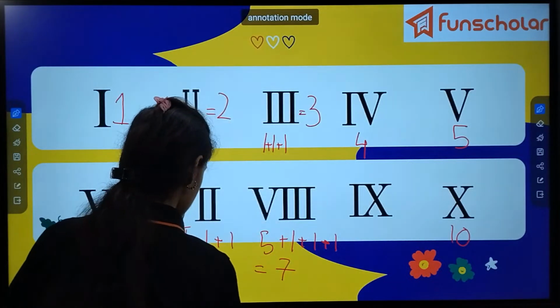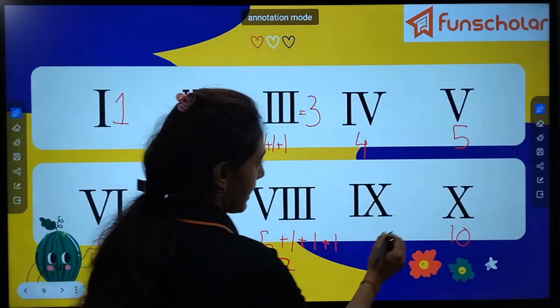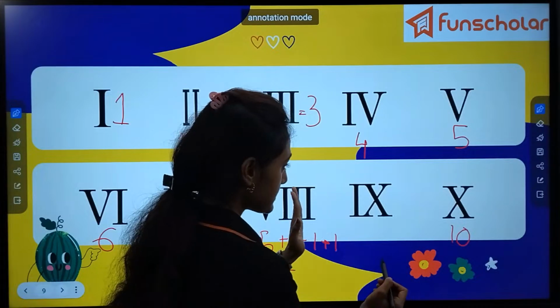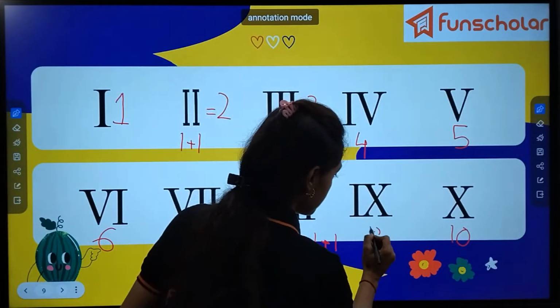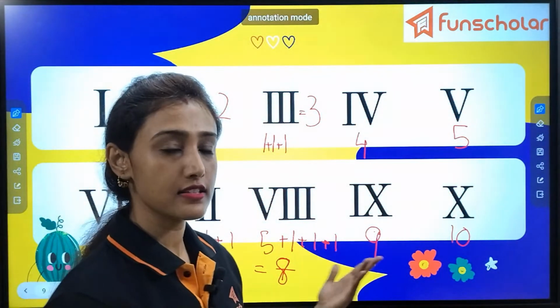This is 7. This is 8. And if you put 1 on the left side of X, then it becomes 9. How? I will tell you the rules in the next slide.